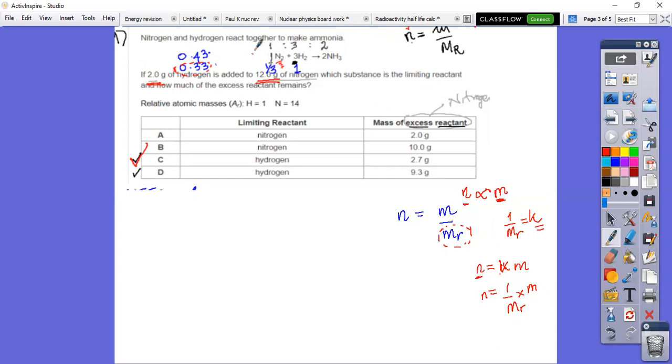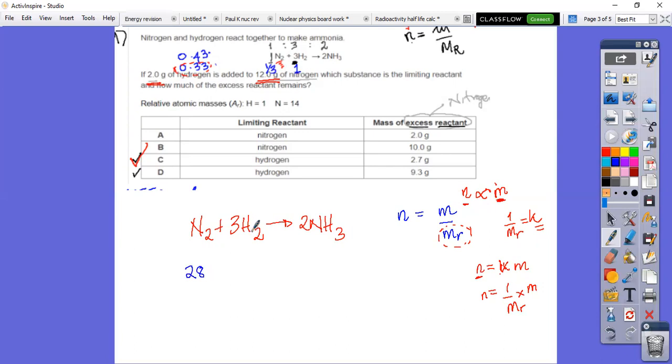So instead of using the ratio of moles, I can also use the ratio of mass because these two things are directly proportional. So what is the ratio of masses? Well, I should only use the ratio of masses in the balanced equation, always in the balanced equation. So N2 is 28 grams, okay?